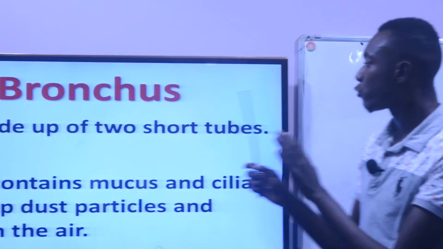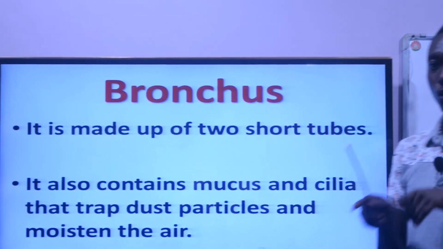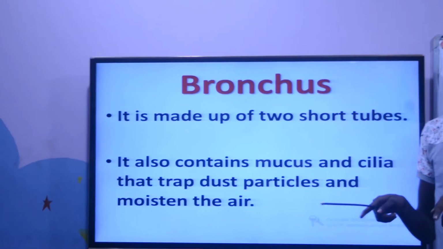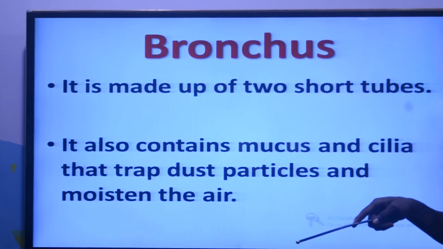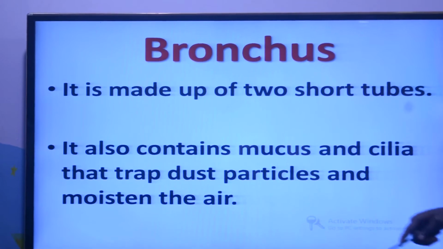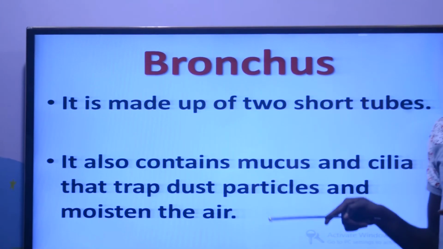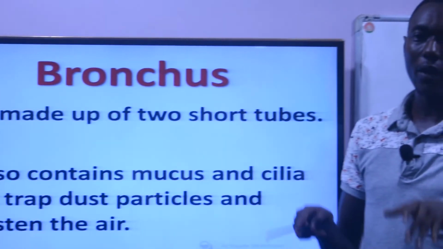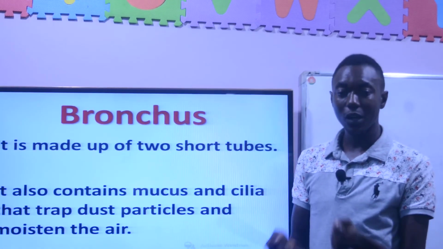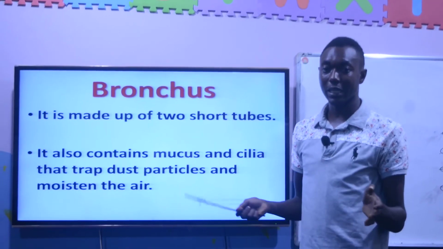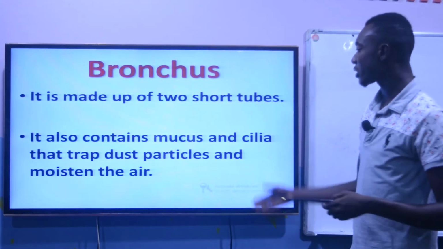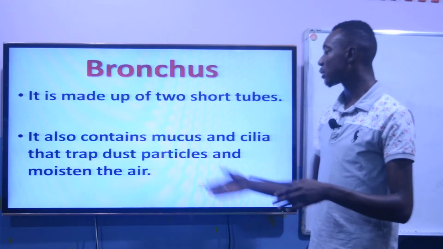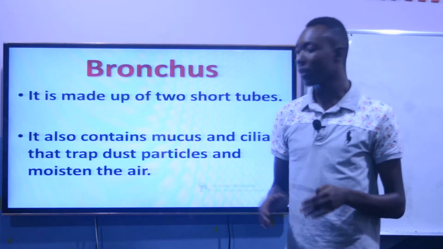It is made up of two short tubes. Those two short tubes branch into the lungs. Okay? And these two short tubes are where the bronchioles that look like branches are located. It also contains mucus and cilia that trap dust particles and moisten the air.